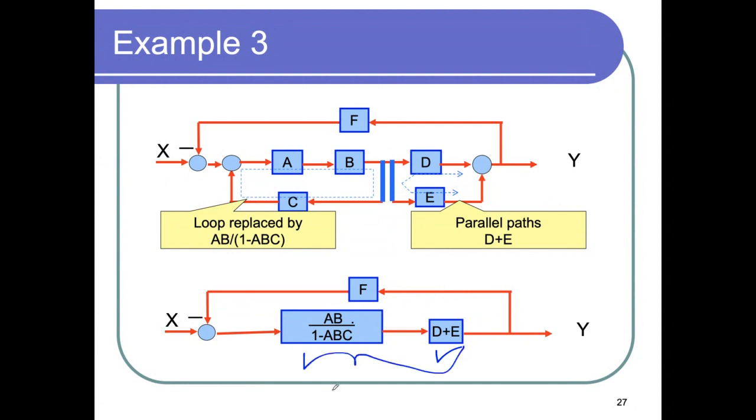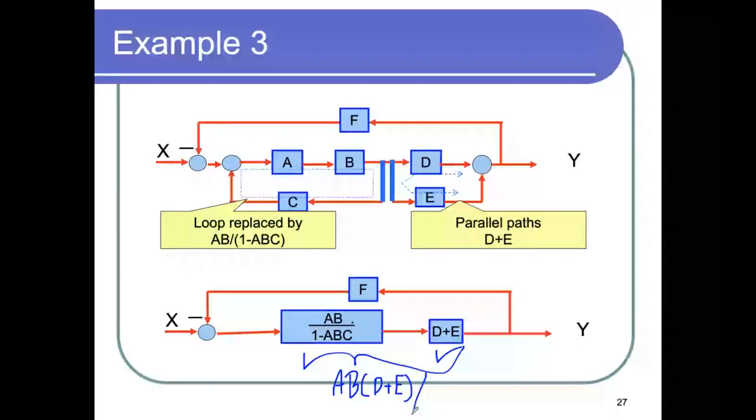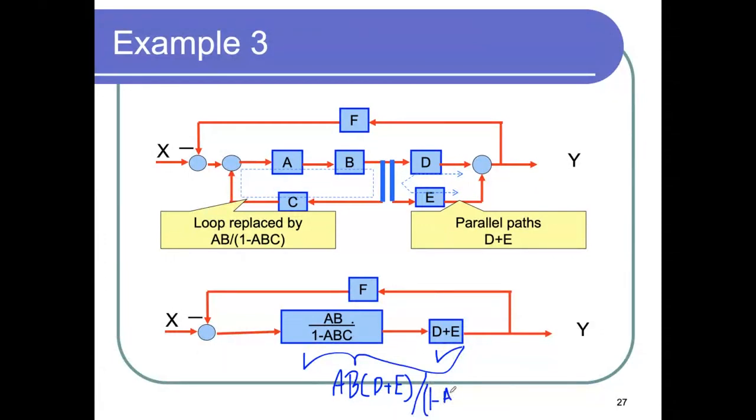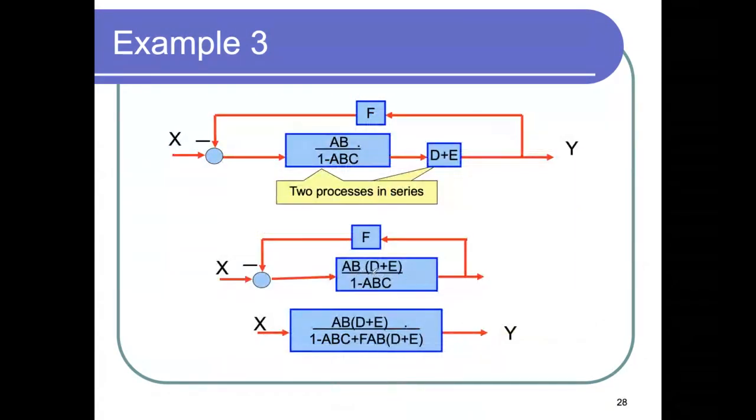So you can add D with E, then you have one block representing D plus E. Then you have this feedback loop, which is AB over 1 plus ABC.